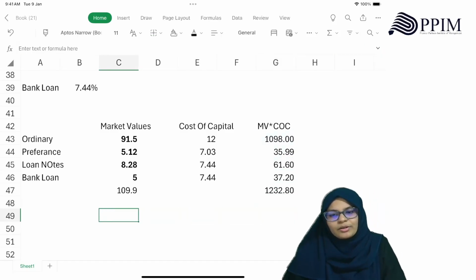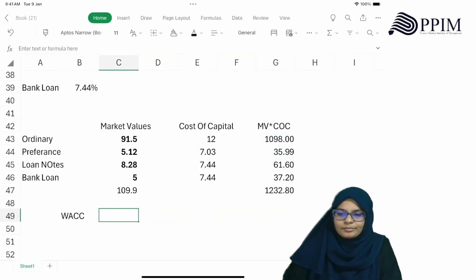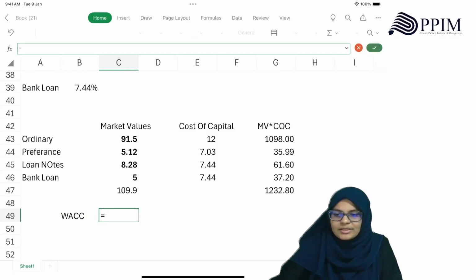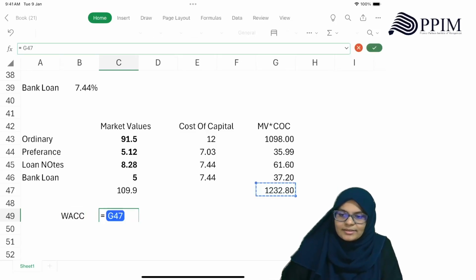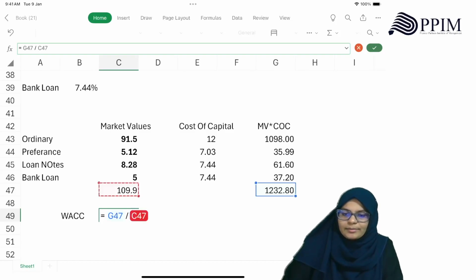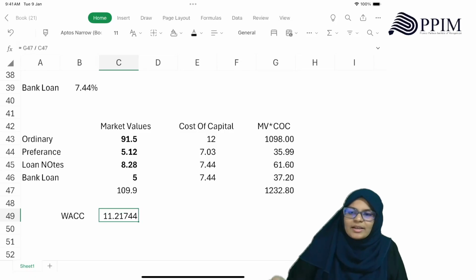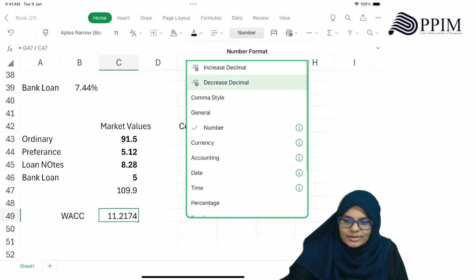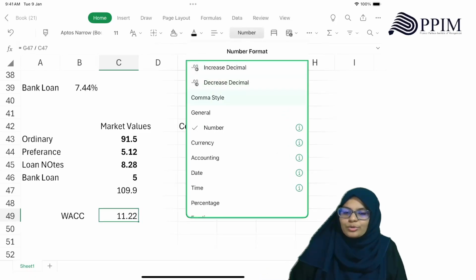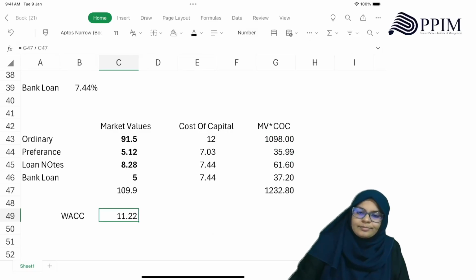Okay, so now if you want WACC, it will be this figure 1232.8 divided by this figure 109.9. So that will be 11.217. So let's just take it to 2 decimals. So that will be 11.22%. Let's highlight it so it's easy for your exam.